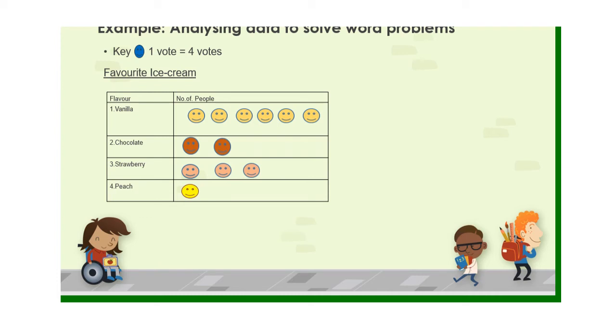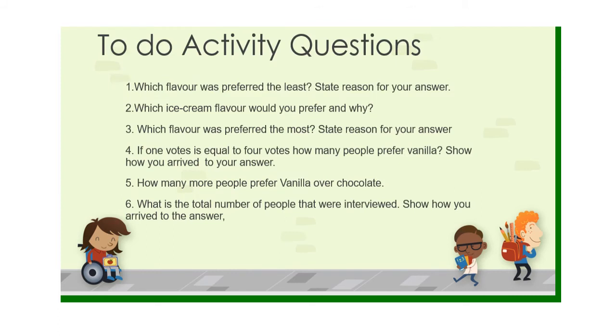Okay, so you have to complete this activity, and I'm going to give you a few minutes before I move on. So you see the question, it says which flavor was preferred the least. So you must write the flavor that was preferred the least by looking at the data that I gave you, and then you must state the reason for selecting your answer.